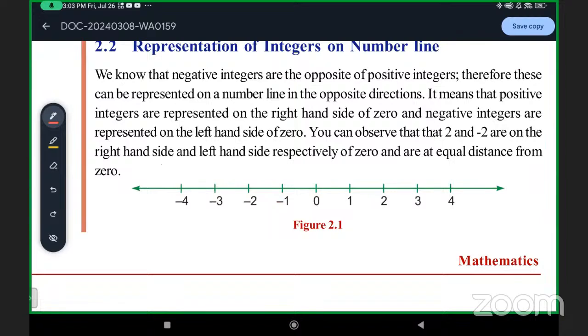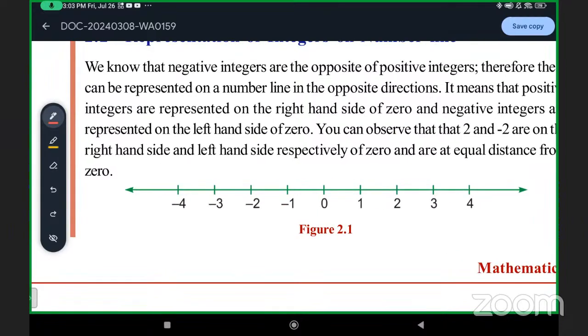This is my number line. Zero is always at the center. Towards the right side of the number line, numbers are known as positive integers.